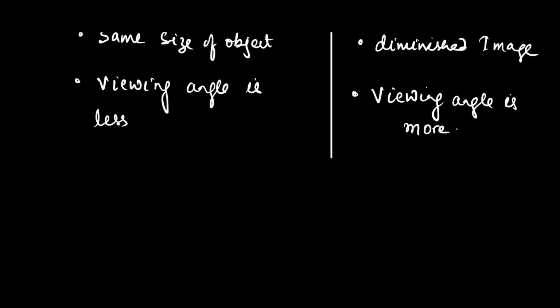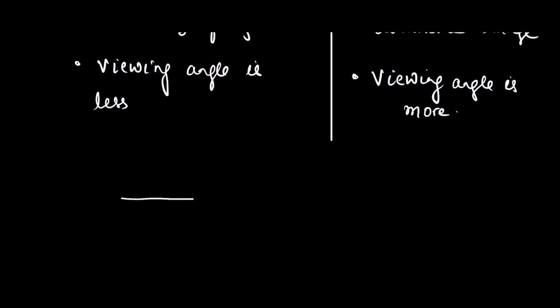It means that if we have a plane mirror, we can only see the object present in this range. But if we use a convex mirror, our viewing angle increases.